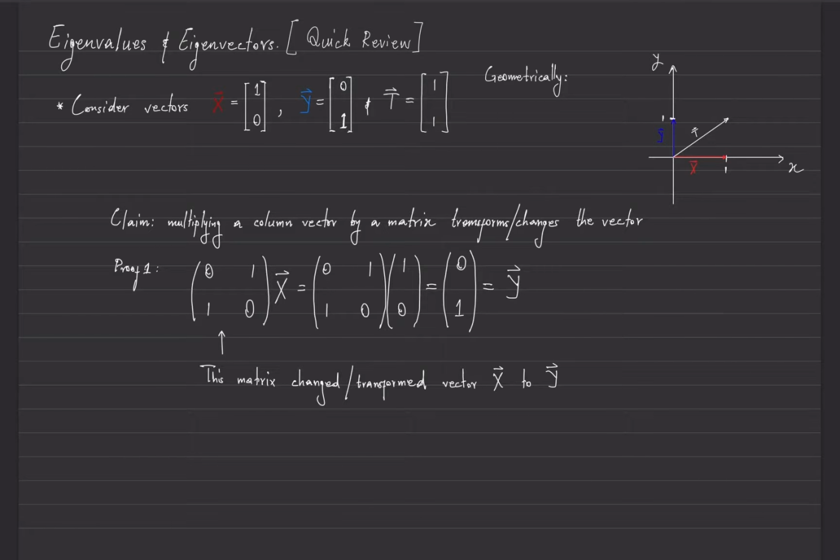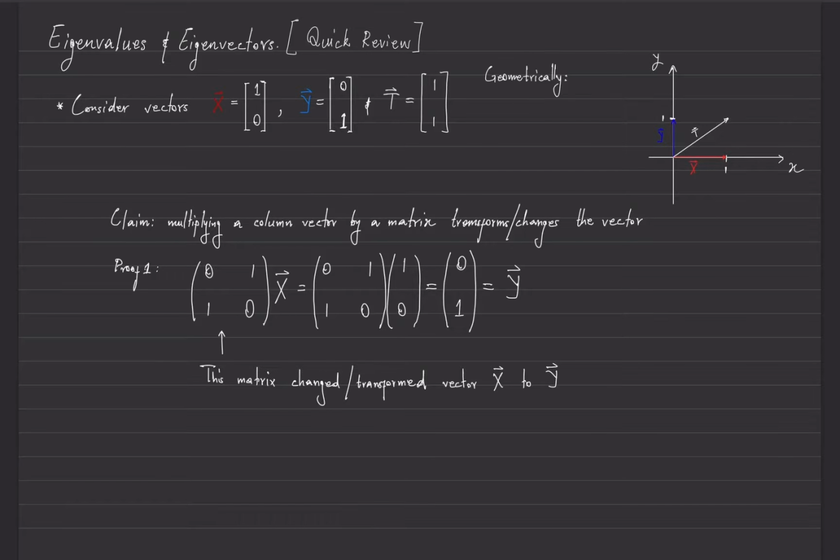This is just a schematic. Now what about vector t bar? Vector t bar extends 1 unit along the x direction and also extends 1 unit along the y direction. So that vector is represented by this line over here. That's a geometric representation of these vectors.